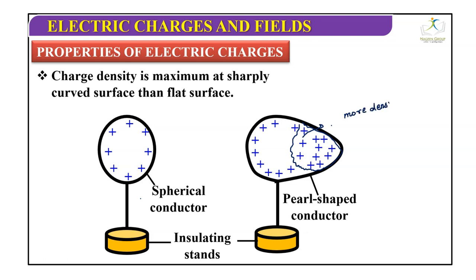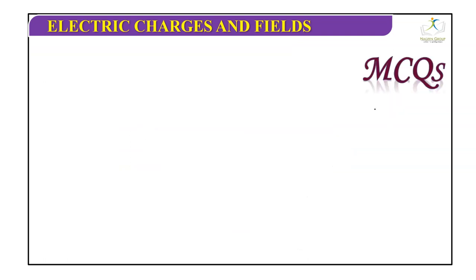So keep in mind while solving numericals, these things are very important. At the sharp edges, the collection of charges is more than on flat surfaces, as in a spherical conductor.